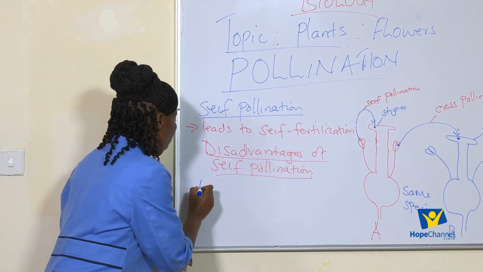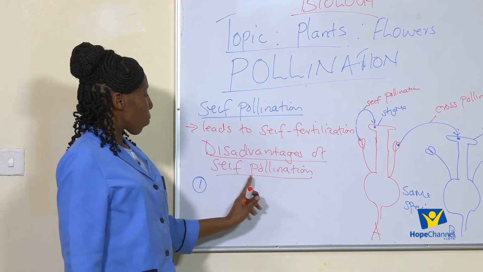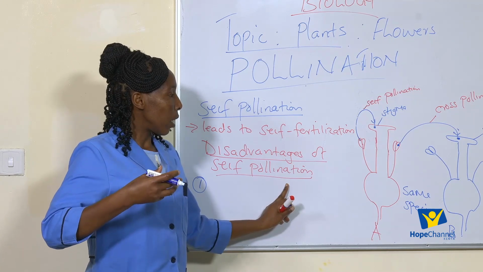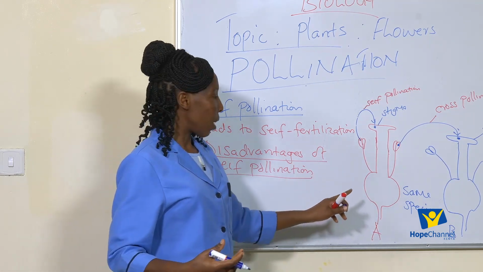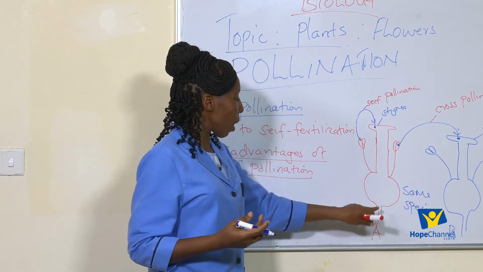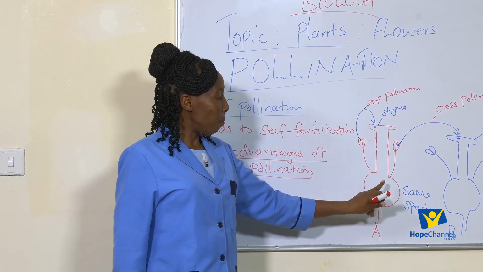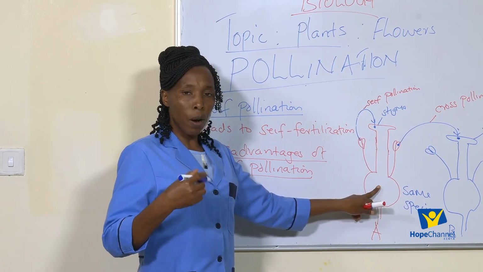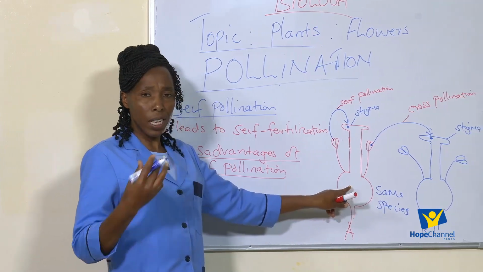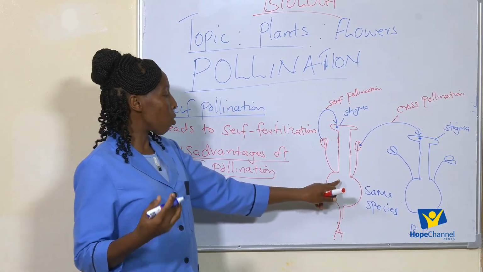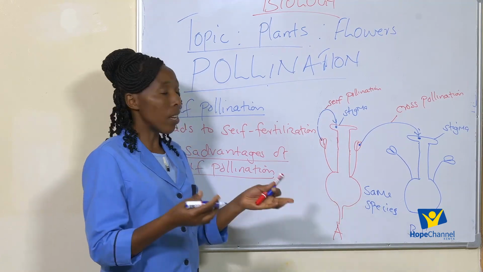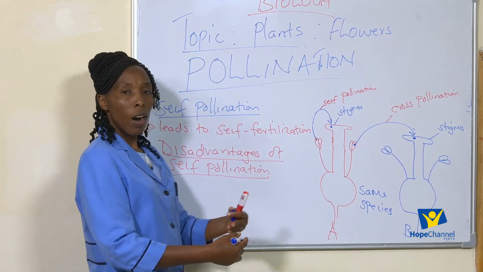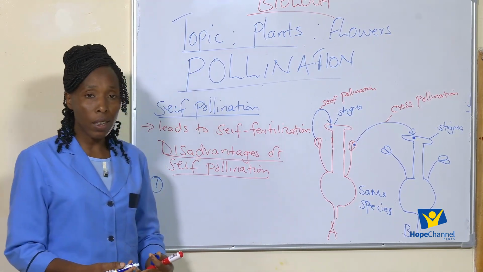One of them is that if there is any poor characteristic in, for example, this flower A, if flower A has disadvantageous characteristics, those characteristics are transferred to their offspring. So it leads to perpetuation of poor characteristics in what?